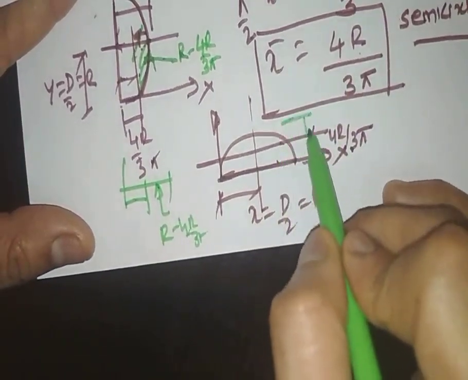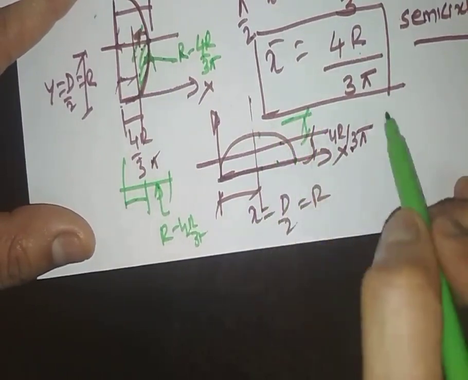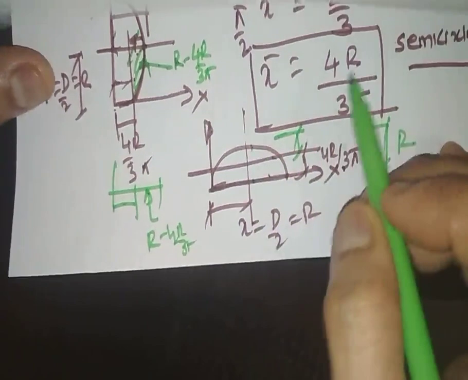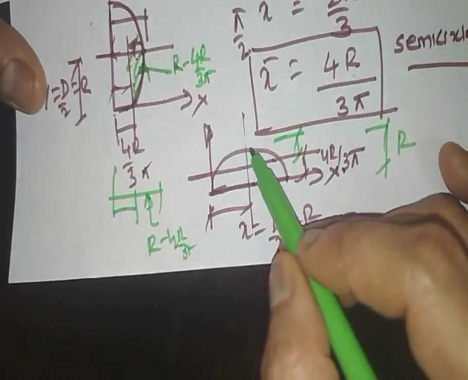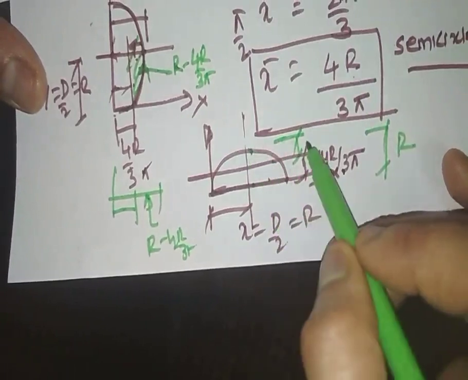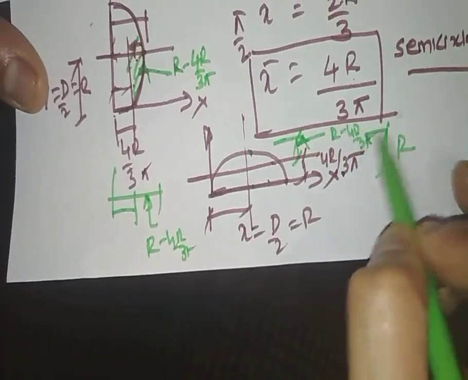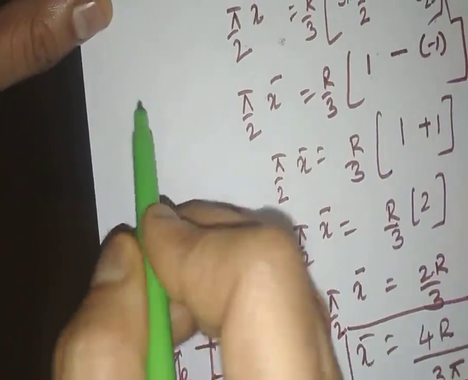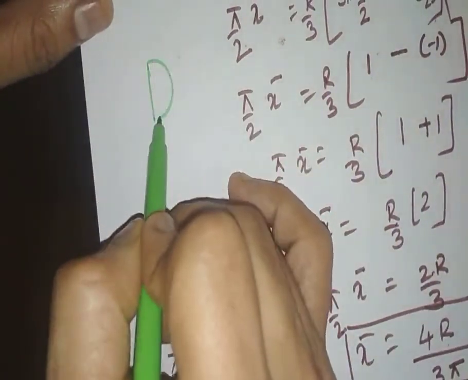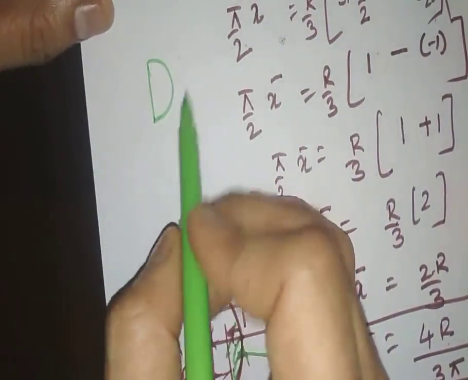Similarly, here at this particular location, the total distance, the radius, is r, and when we are considering the centroid from the origin, from the curvilinear portion, this particular distance would be r minus 4r by 3 pi. The same semicircular portion can be oriented in any direction. As of now, in the derivation, the semicircular portion is oriented towards the right hand side.